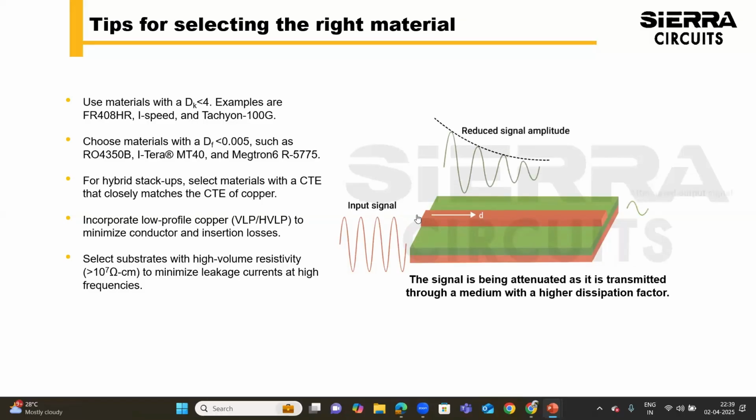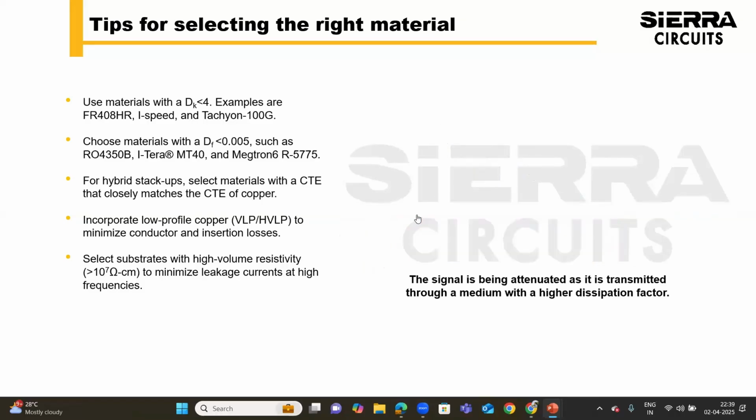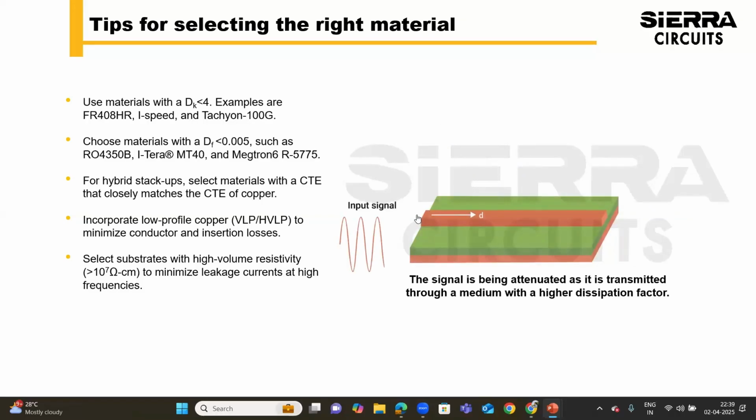Examples of these materials are FR 408HR, I-Speed, and Tachyon 100G. You can also choose materials with a dissipation factor less than 0.005, like the RO4350B, Itera MT40, and Megtron 6 R-5775. For hybrid stackups, select materials with similar CTEs to avoid reliability issues.